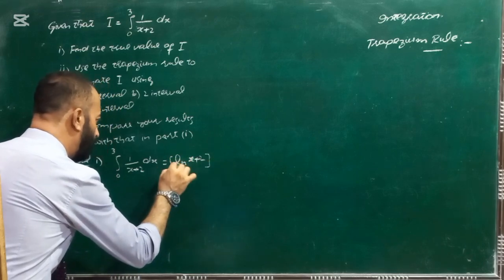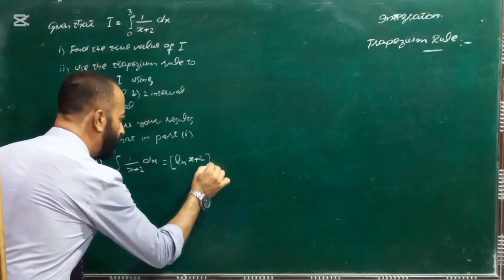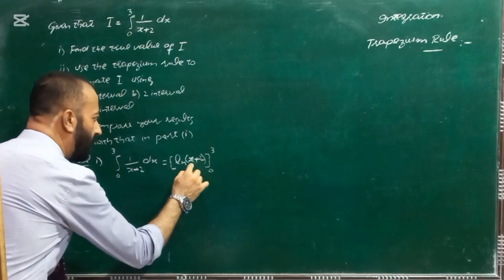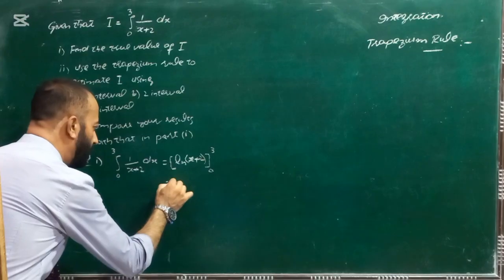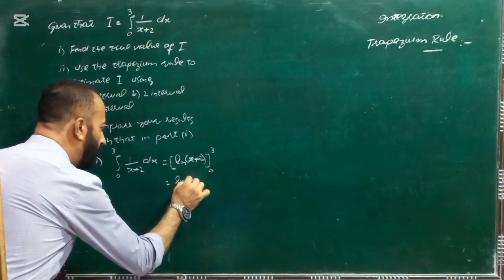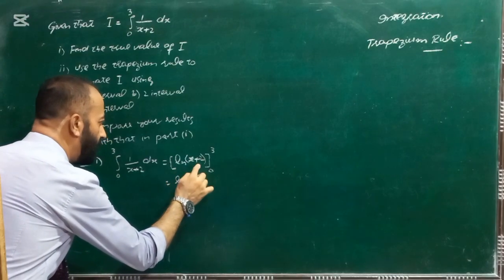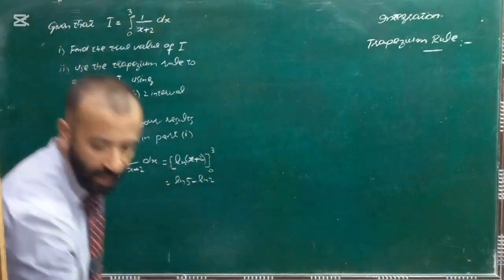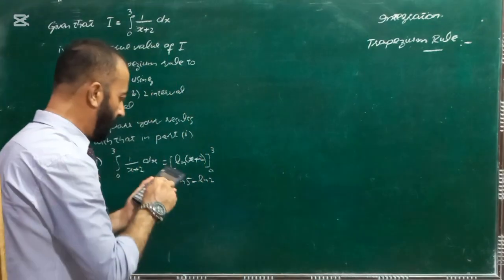Limit is from 0 to 3. So when the upper limit is applied, it will become 3 plus 2, 5. And when the lower limit is applied, it will become 2. So on the calculator, solve it.